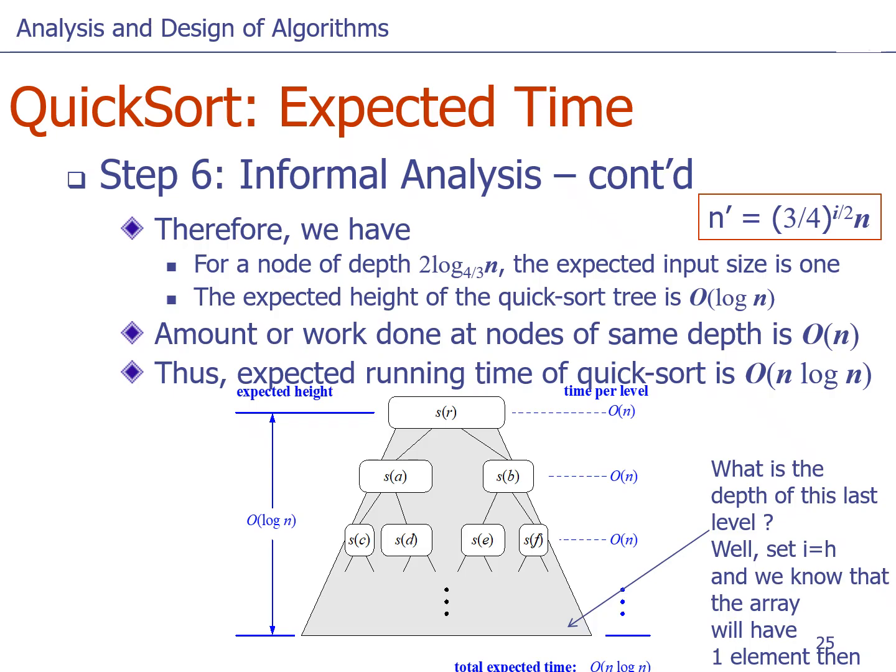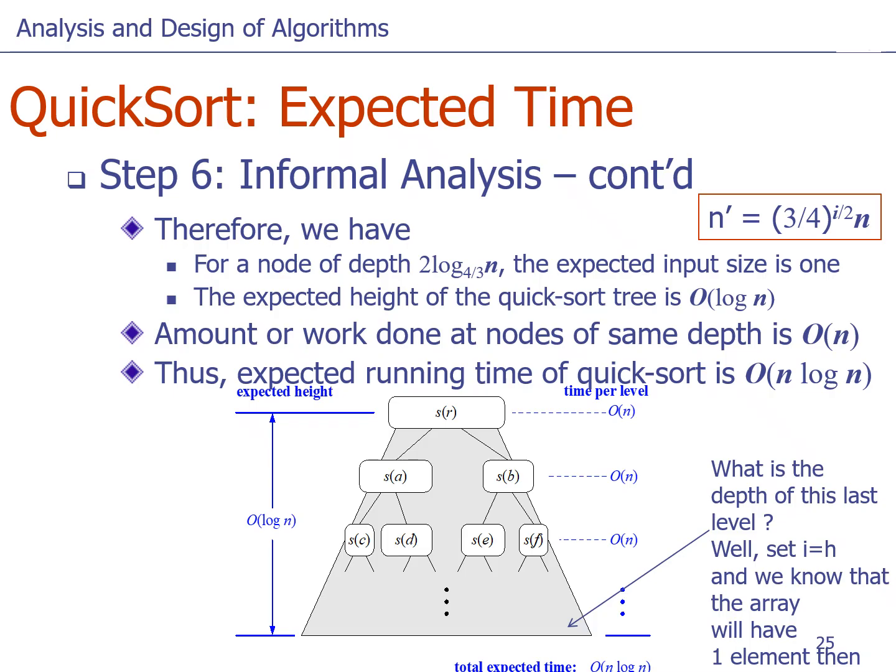Now, if I set my n_i equal to 1, which means I'm sure I will ultimately have 1 at the leaf level. Why is this interesting? Because I want to know the height of this tree. How many times am I going to split? So if I set n_i equal to 1 and solve for i, I will find that the height of this tree is log n.